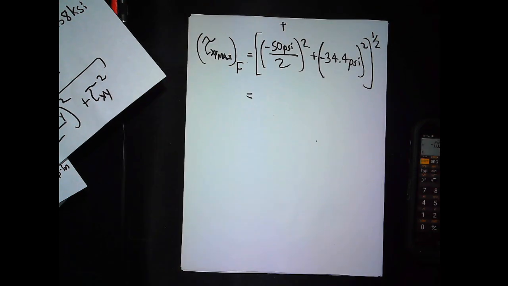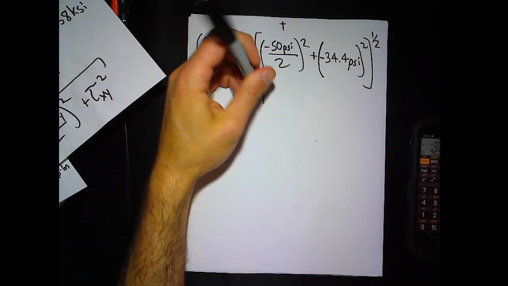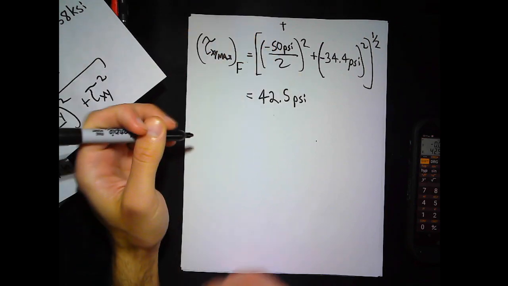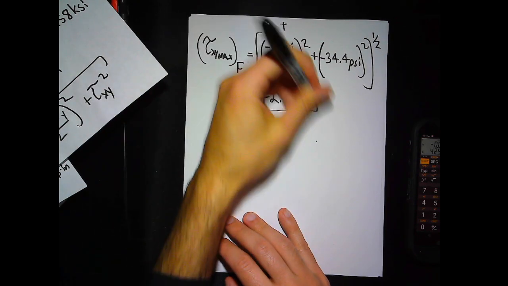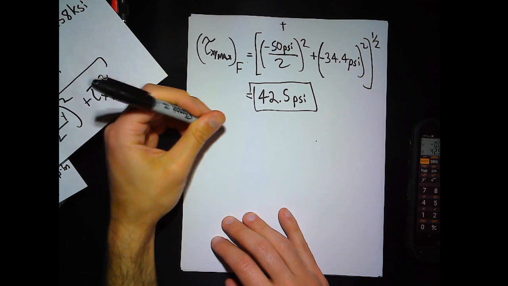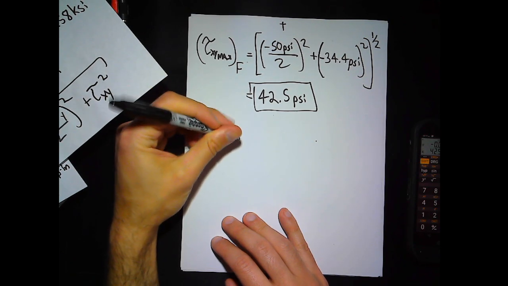So that gets me what? Let's see, 25 squared, 34.4 squared, add this together and square root it. Gets me 42.5 psi at the center. So that's maximum shear stress at F. Do the same thing for each of the other two.